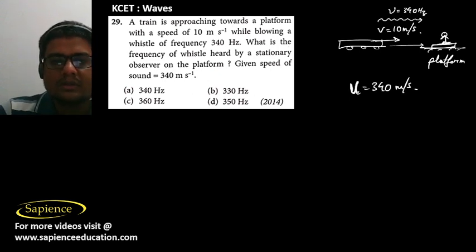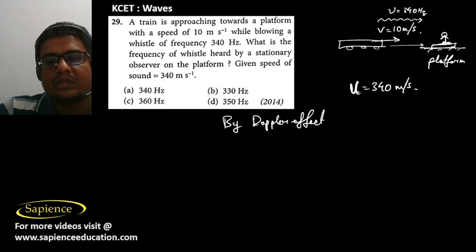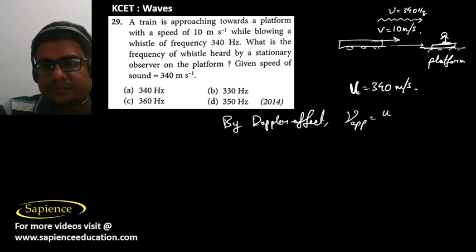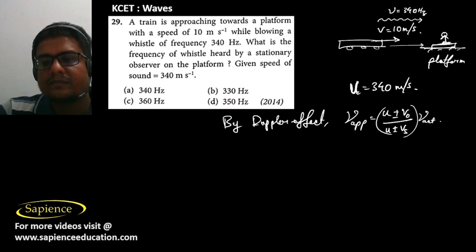So by using the rule of Doppler effect, you know that the apparent frequency is given as (u plus minus v naught) by (u plus minus vs) into nu actual. Where u is the speed of sound, v naught is the speed of the observer and vs is the speed of the source.